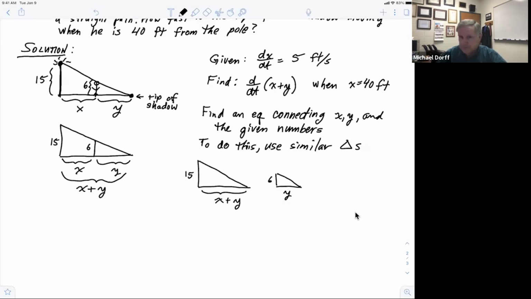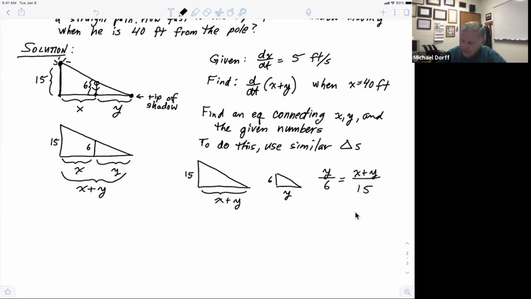These two triangles are similar. And what's nice about similar triangles is there is a connection between the ratio of the sides. So if I use the smaller triangle, the base over the height is going to equal the base over the height of the larger triangle. And that's always true for similar triangles.